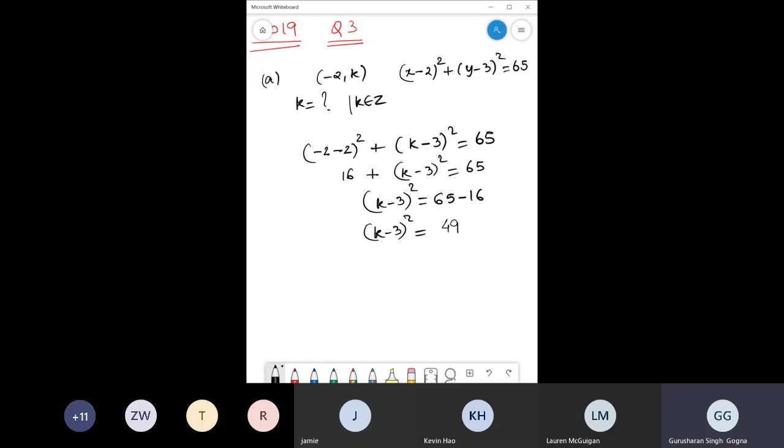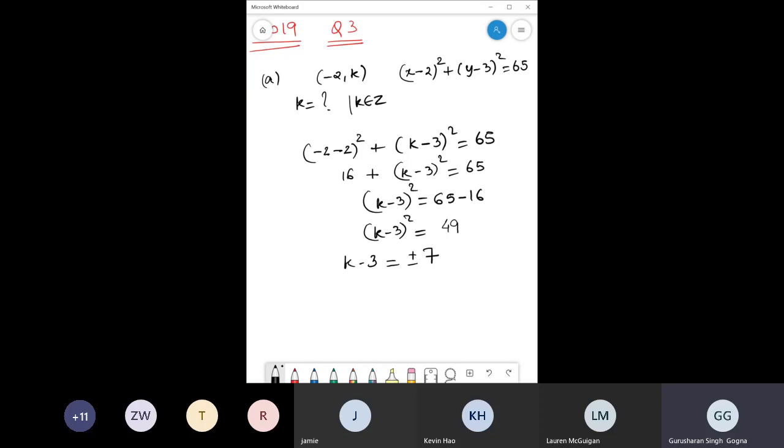Now, a lot of people open this bracket and then solve the quadratic. You don't need to go by that route. It's too long. All you need to understand is you just do k minus 3 equals plus or minus 7. You take the square root of both sides, and the square root of 49 is 7.